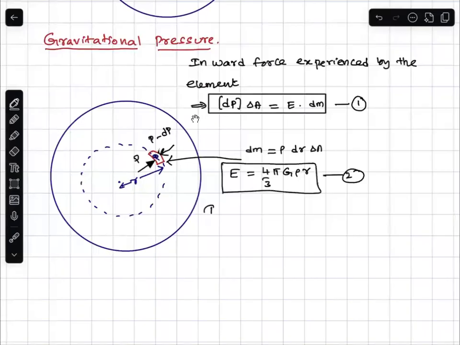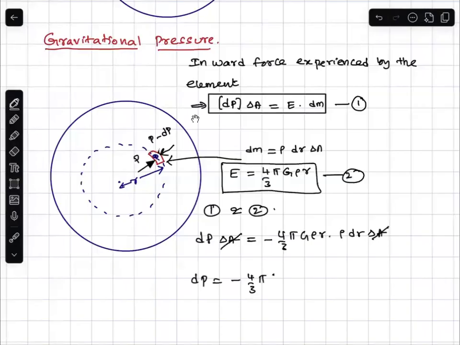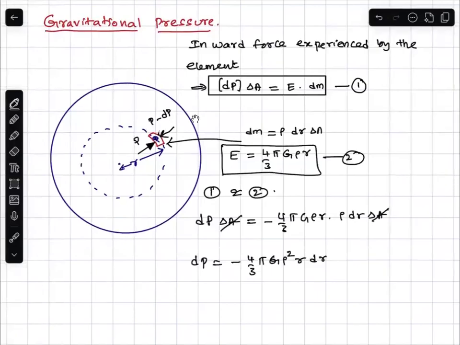So therefore, from 1 and 2, I will have dP into delta A is minus, don't confuse why I'm writing minus, I'll explain, 4 by 3 pi G rho r into rho dr delta A. So cancel this. dP is minus 4 by 3 pi G rho square r dr. Hold on.